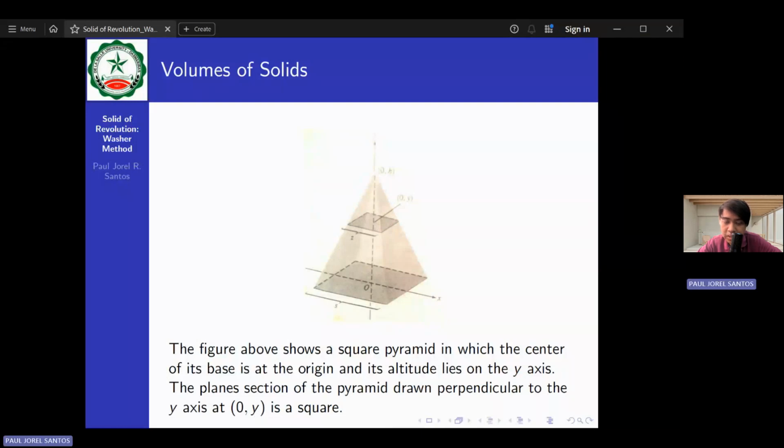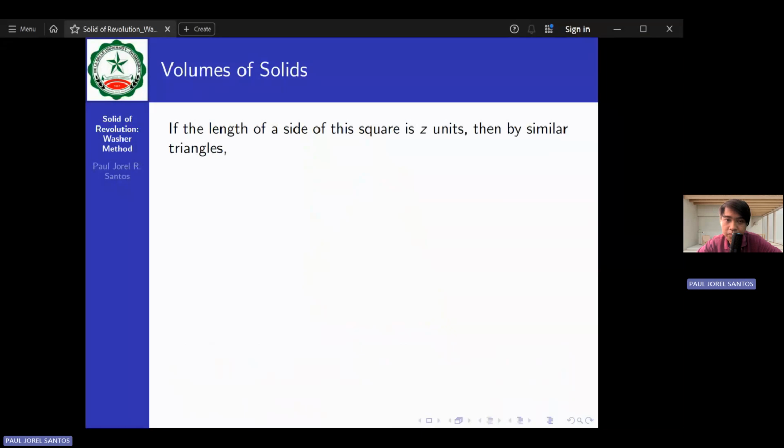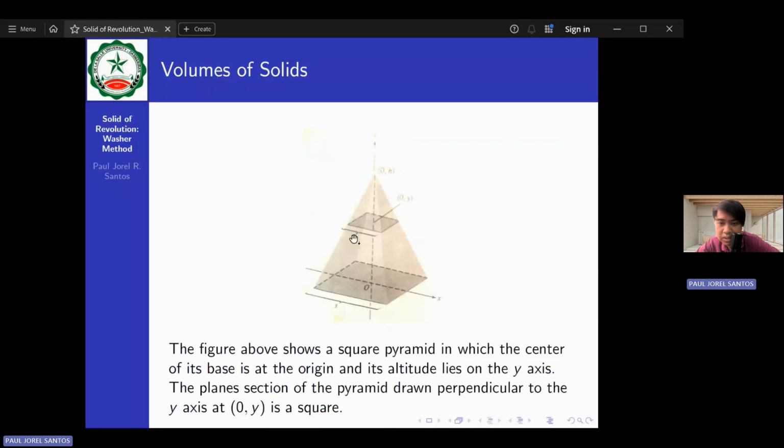Okay, now let us proceed to some further analysis. If the length of a side of this square is z units, as you can see, it was represented by z. So the length of the side is z. This is z, this is also z, and this is also z.